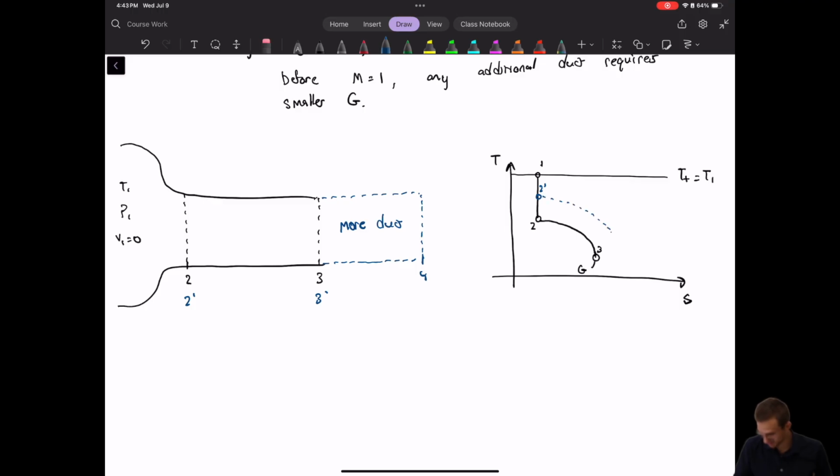This one has 3' here, and then this guy goes down to here. Say that 4 is the limiting point for that Fanno line, and then this is G', and then we know that G' is less than G. Okay.